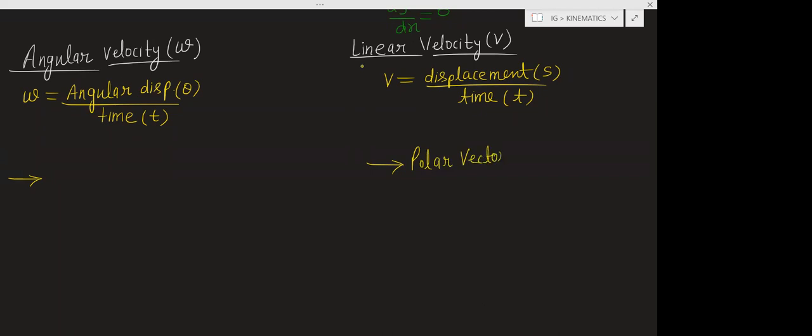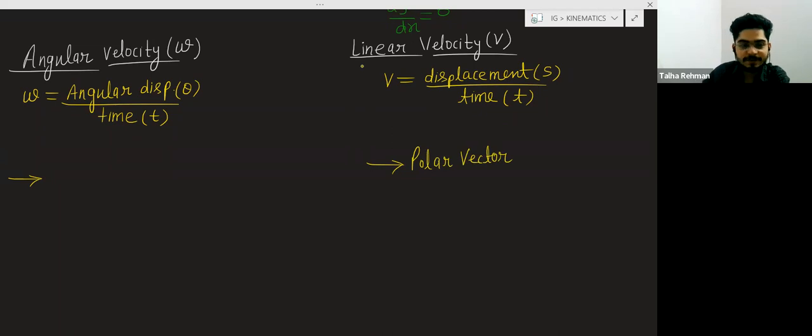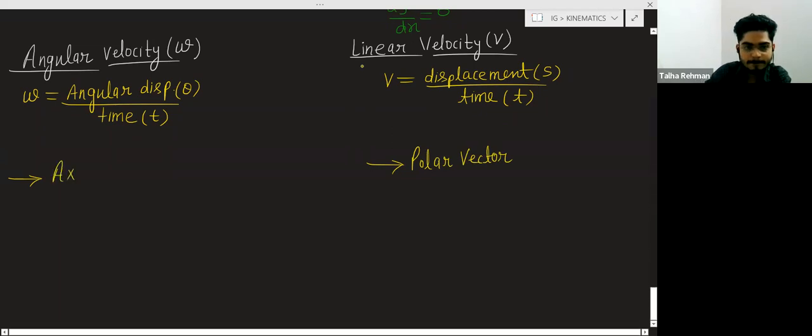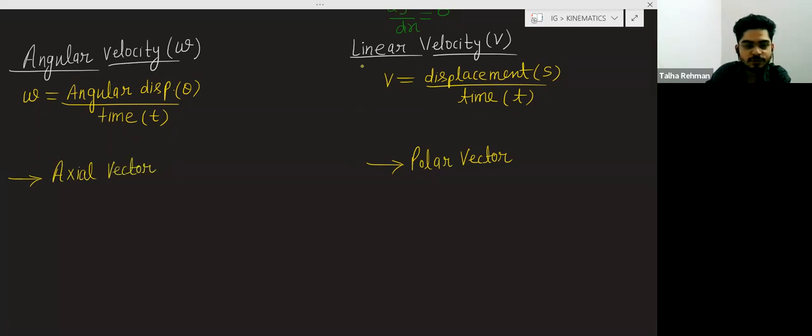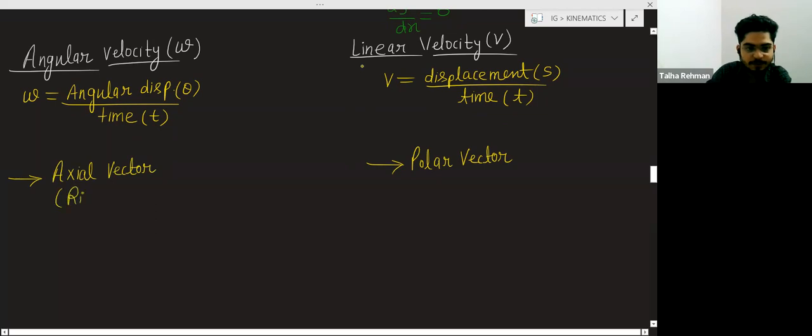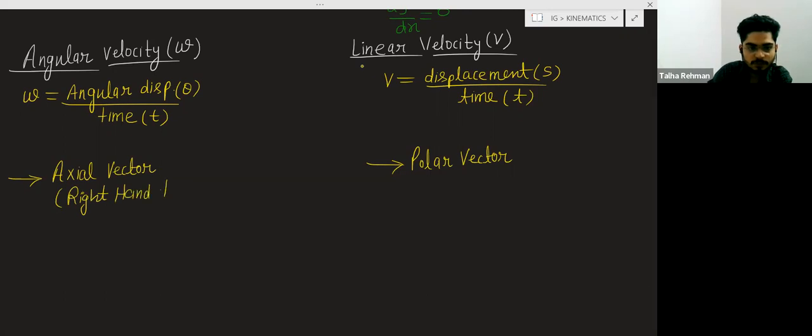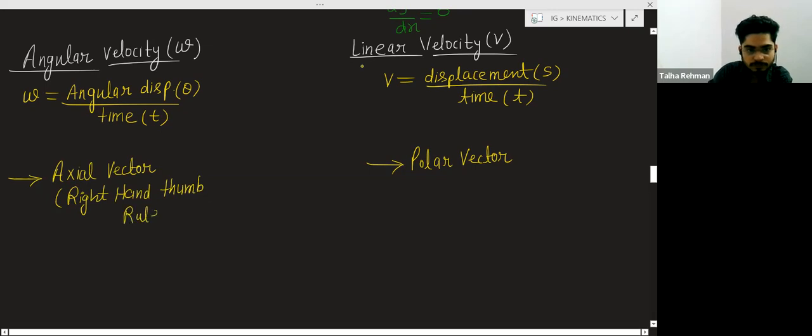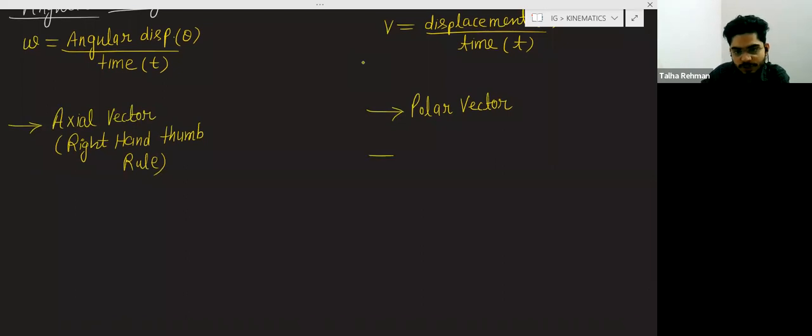The other one, angular velocity, is an axial vector, so its direction is given by the right hand thumb rule. I have told you how to use the right hand thumb rule.